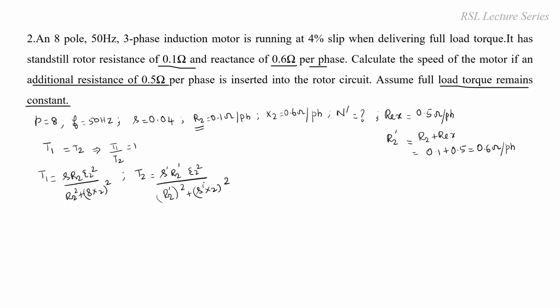Now we will divide these two, that is T1 by T2. T1 is S into R2 into E2 square divided by R2 square plus (S X2) whole square.